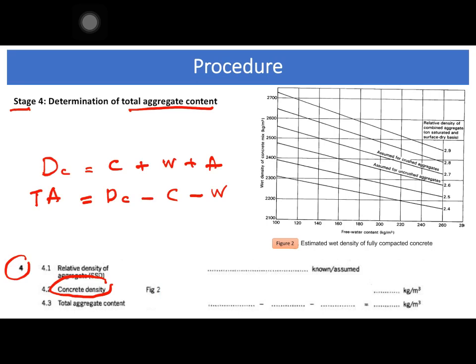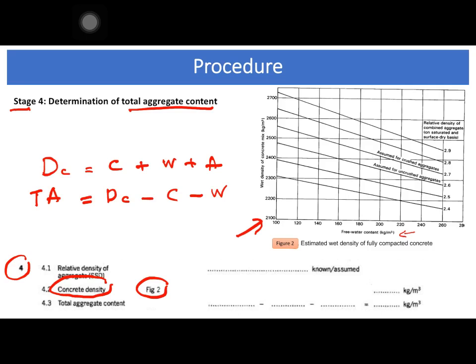Now you may refer to figure 2. Figure 2 estimates the wet density of fully compacted concrete. What info can be used from the previous stage? The x-axis refers to the water content, and the y-axis refers to the density.